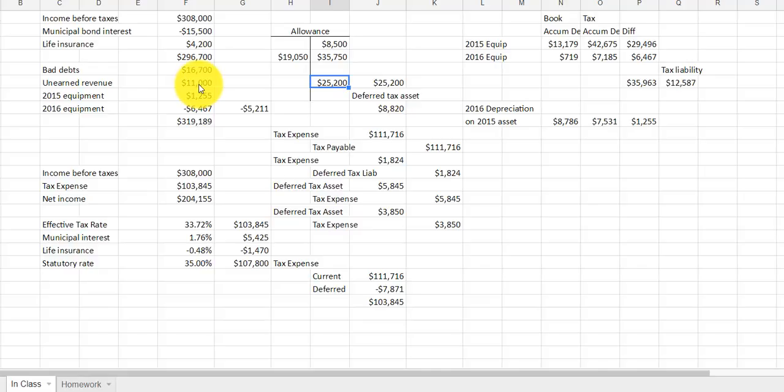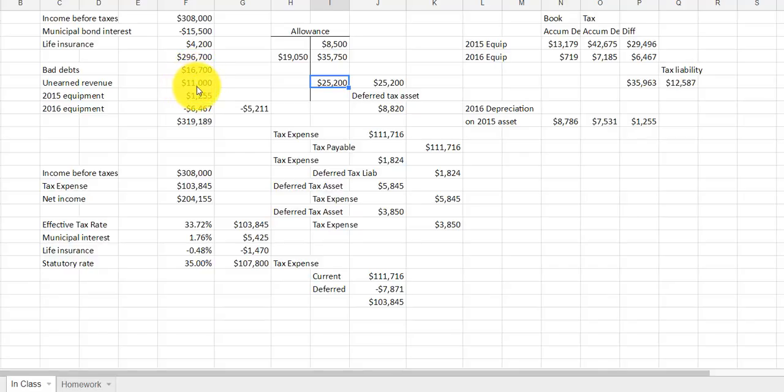We introduced a new temporary difference, unearned revenue. Under tax law, as soon as you get that money, you have taxable income, even though under GAAP you must defer it until you actually earn it.